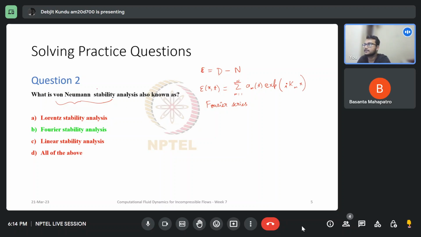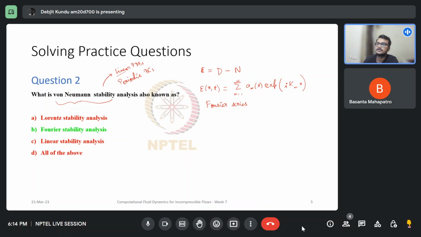So this type of analysis is applicable for linear PDEs with periodic boundary conditions. Okay, so this part is important here.